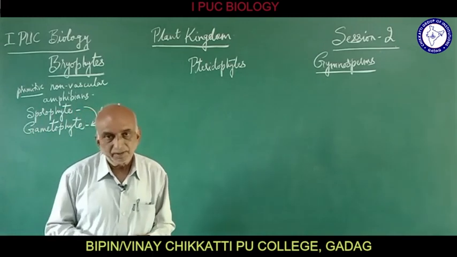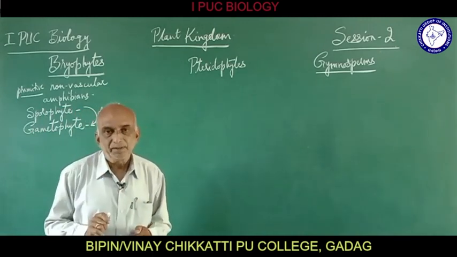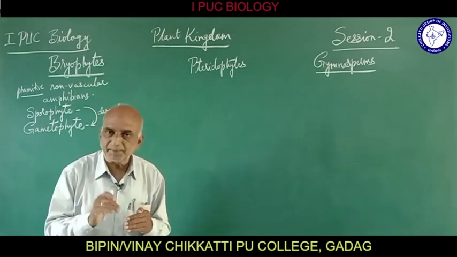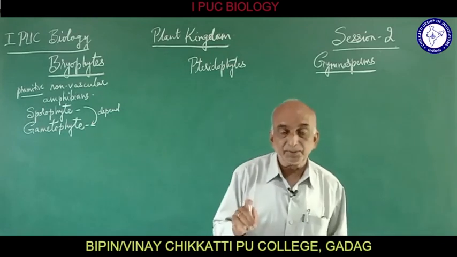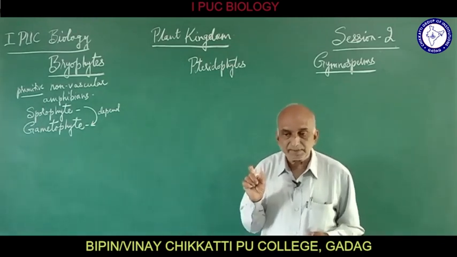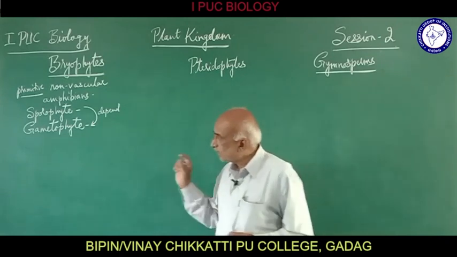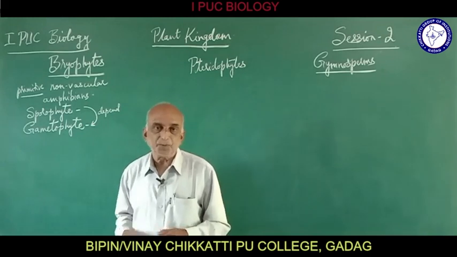So the gametophyte, in other words, gives rise to the sporophyte. Fertilization takes place between male and female gametes, and the zygote is formed. That zygote divides and forms the sporophyte.